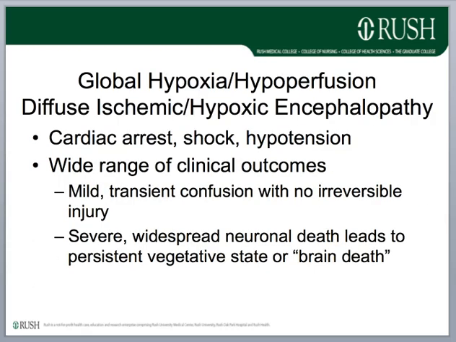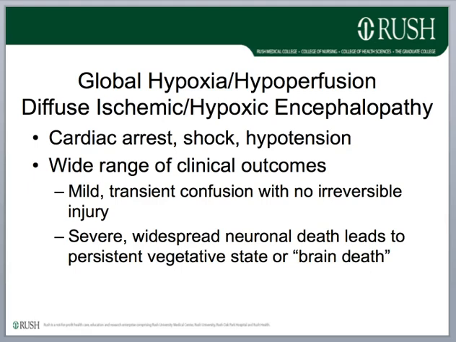Global cerebral ischemia, or diffuse ischemic hypoxic encephalopathy, occurs when there is a generalized reduction of cerebral perfusion, as in cardiac arrest, shock, and/or severe hypotension. The clinical outcome of a severe hypotensive episode that produces global cerebral ischemia varies with the severity of the insult.